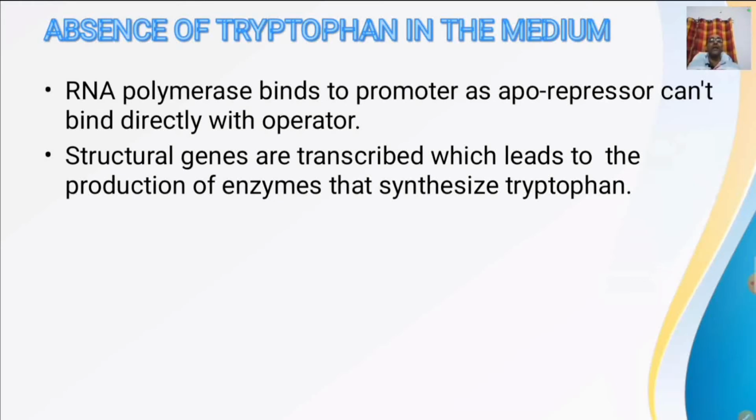The aporepressor cannot bind to the operator by itself. So even though the aporepressor has been formed, it will not be able to bind to the operator region. As a result, RNA polymerase can easily transcribe the structural genes, which will ultimately result in the formation of what? Tryptophan. Got it? So when there is no tryptophan in the environment, tryptophan synthesis will occur.